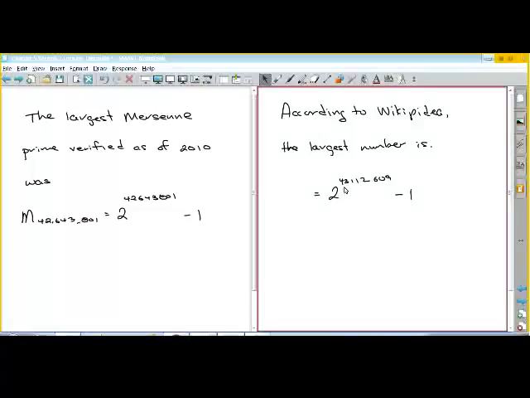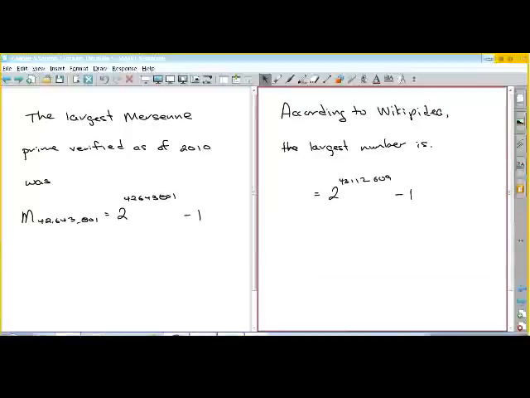Okay, so as of when I did these notes, which is a year ago, it was 2 to the 42,112,609th power. So let's see if they've changed it. We'll see if they've updated it or not. So if you go to Wikipedia and you search for, what is it called? I can't forget. Spell it. M-E-R-S-E-N-N-E prime.